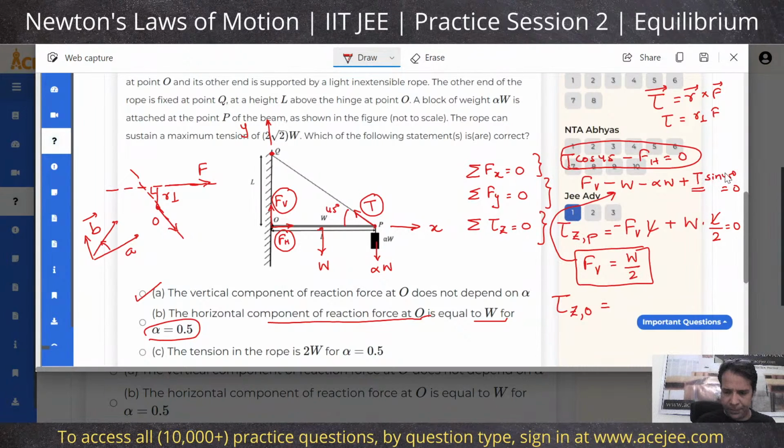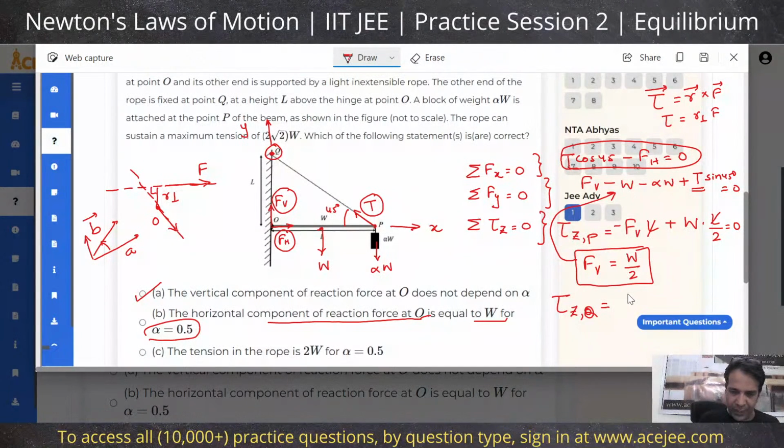Yes, beta? Yes, sir. Or I could do it because I know from experience that if I talk about point Q, then the T goes away, Fv goes away, and I can quickly write it in terms of this one. So let's do that.